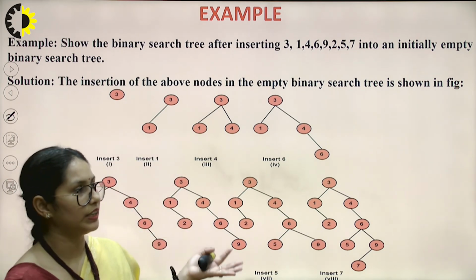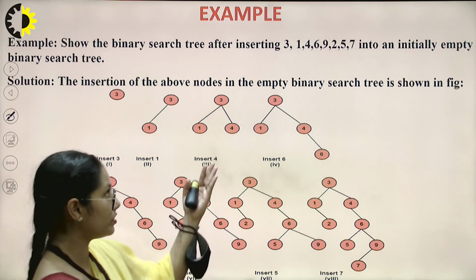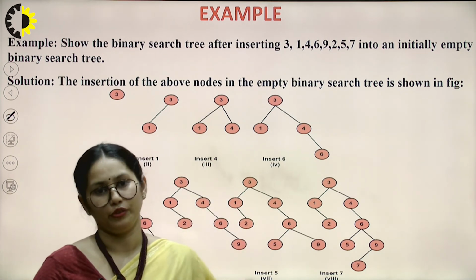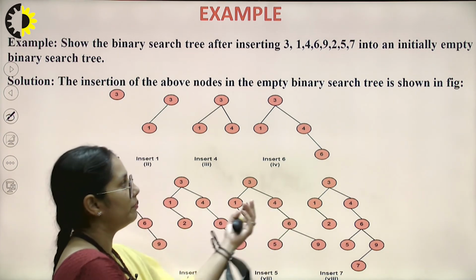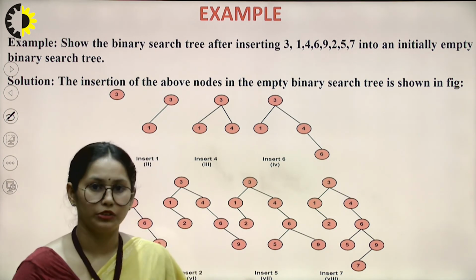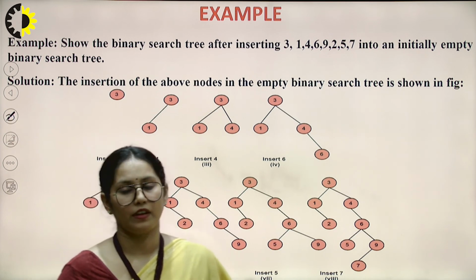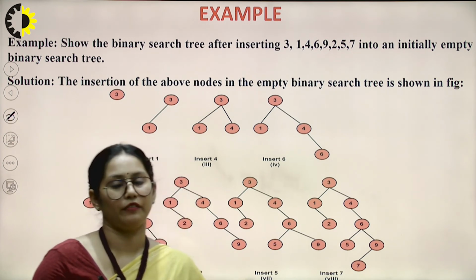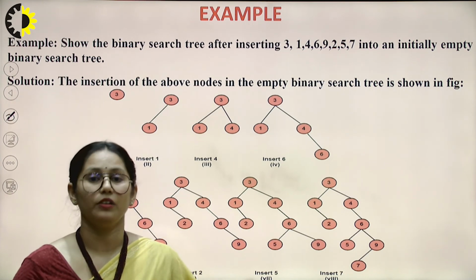If you are inserting into an empty binary tree, the first element will be your root node by default. There is no jumbling or any other method to find out what the root node would be. It's simple: if you have an empty binary search tree and you have to insert elements, the first element will be your root node.